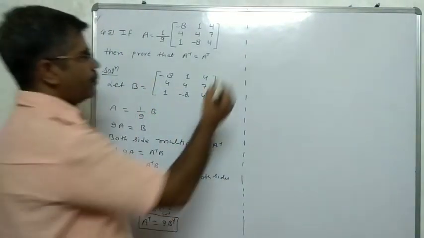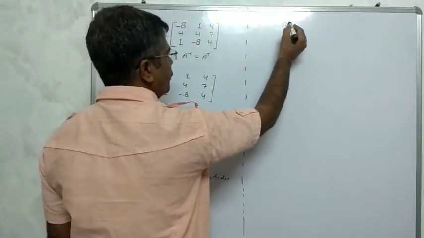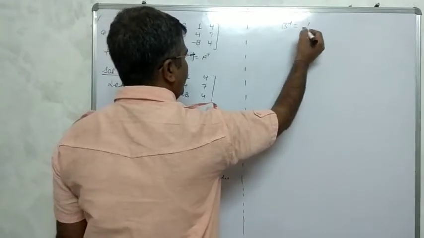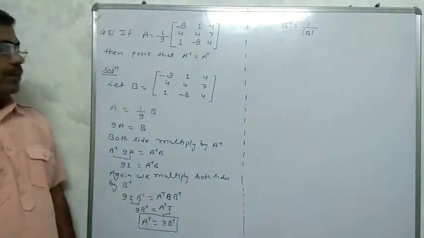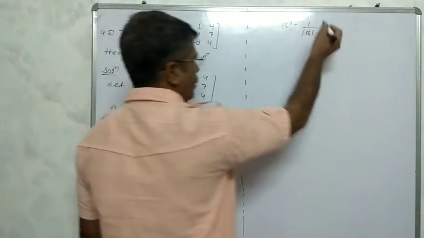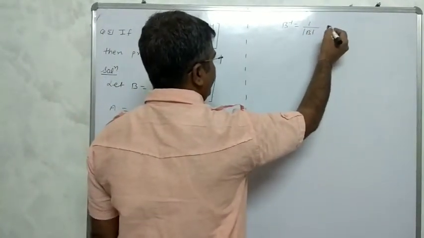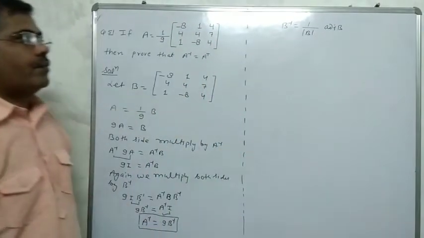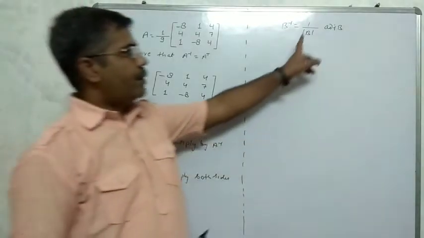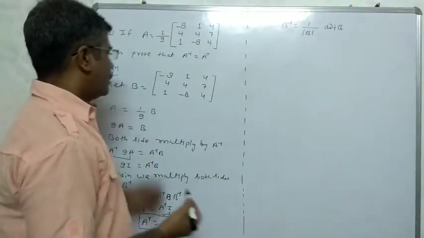B inverse is given by 1 upon value of matrix into adjoint of B. We first find value of this matrix.